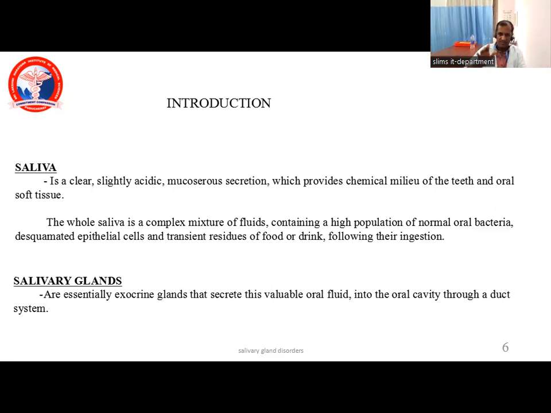When you see the composition of the saliva, it is a complex mixture of fluids, ranging from the high bacterial strength that is there in the saliva. The desquamated epithelial cells form the major chunk of your salivary composition. Salivary glands are essentially exocrine glands that secrete this valuable oral fluid through a duct system.